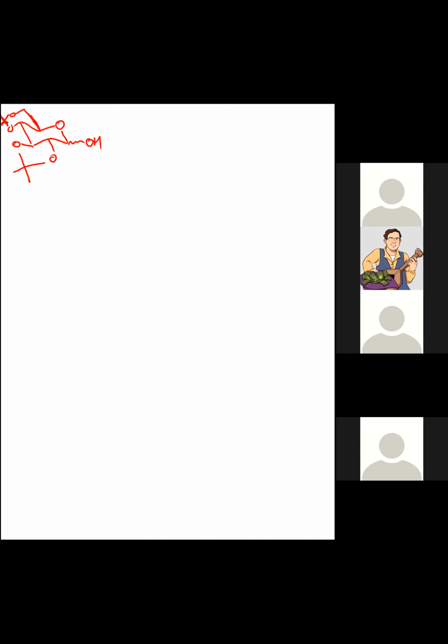This is called an isopropylidine group, or an acetonide. It's called both. It's called an isopropylidine because it's an isopropyl, right? Carbon, 2 carbons. You're attached to the middle one, so it's kind of like an isopropyl kind of thing.